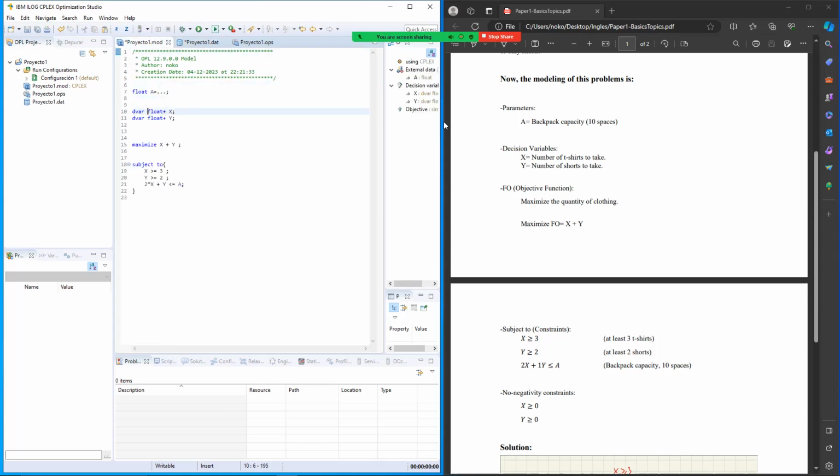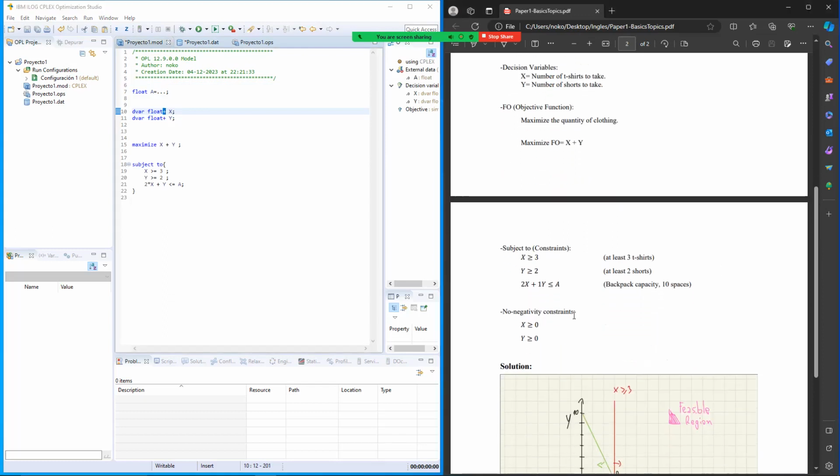Okay. The second task, write the decision variables. Decision variables use the keyword dvar and float. This plus is to explain that the variables will be positive or 0.